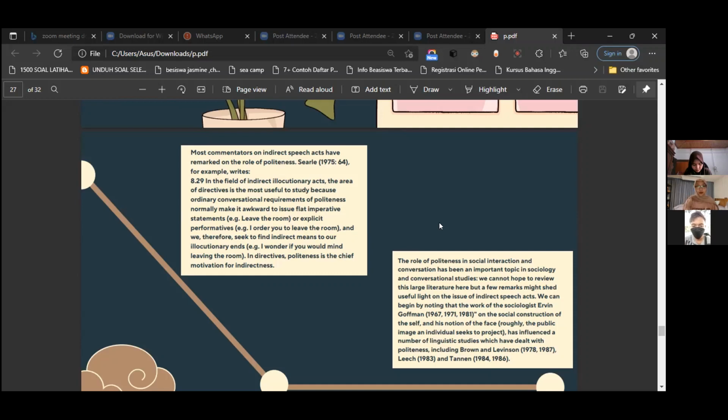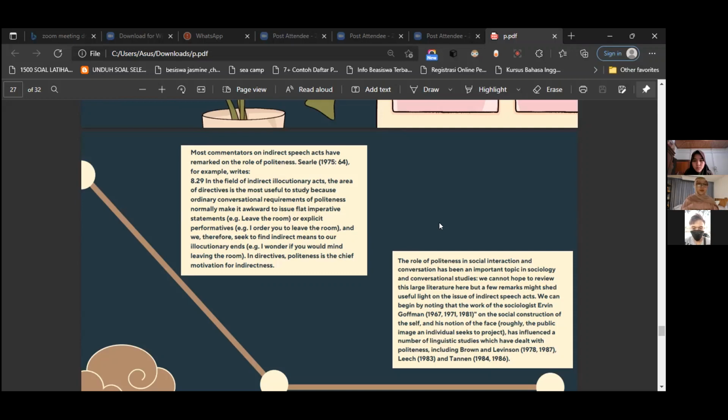In Brown and Levinson's version, the face is the public self-image that every member of society wants to claim for himself. For them, the face has two components: a positive face, which represents an individual's desire to seem worthy and deserving of approval, and a negative face, which represents an individual's desire to be autonomous and unimpeded by others.